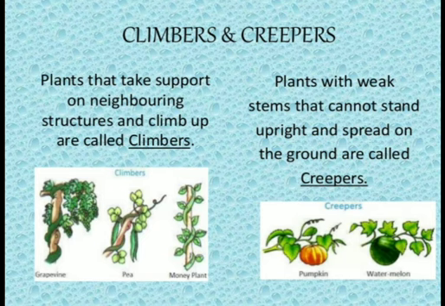Both these modifications are in such a way that the stem of the plant is very weak, and in order to take the various parts of the plant, that is leaves and flowers, to such heights that the leaves can have access to the sunlight and flowers can have access to the pollinators, these climbers and creepers get modified to perform this function. Either they take the support of the neighboring structures, where they are called climbers, or they keep on trailing on the ground, where they are called creepers.